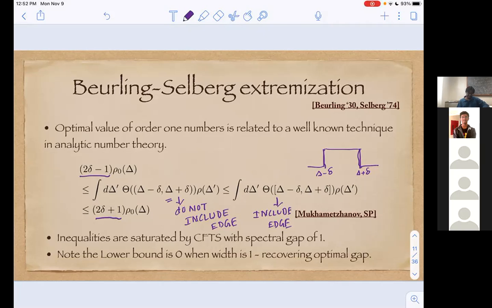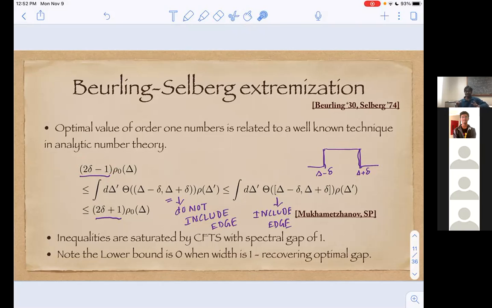And also we found these inequalities are saturated by CFTs with spectral gap of 1. And from this equation, you can also see that when twice delta becomes 1, the lower bound becomes 0. So this immediately tells you the other thing which was already derived by us, that the optimal spectral gap is actually 1.